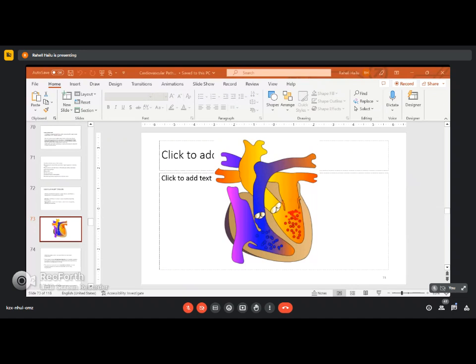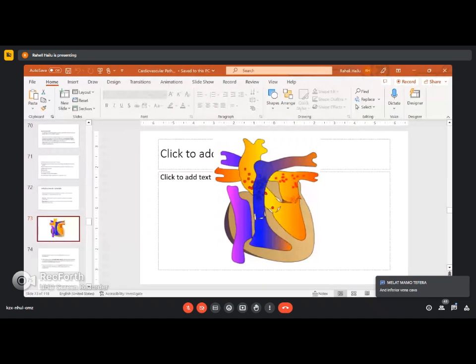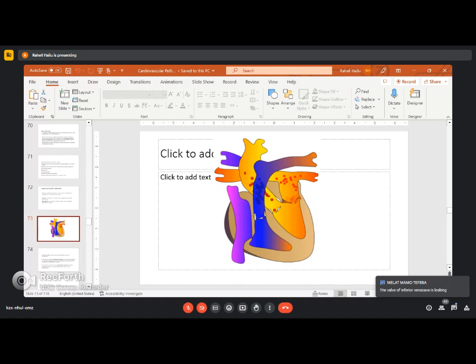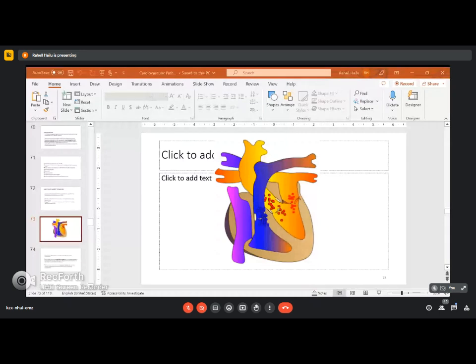Okay, mitral valve is leaking. Good. Any lesion on the tricuspid valve?